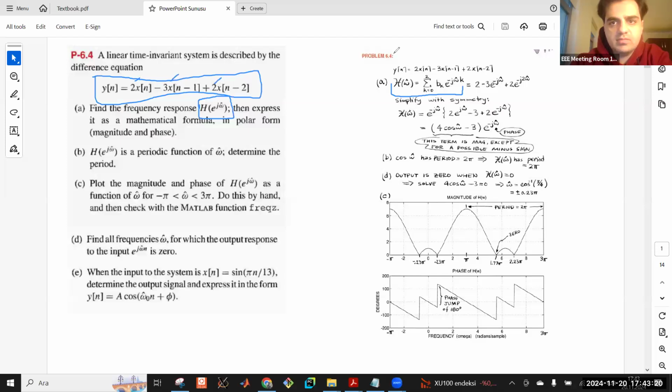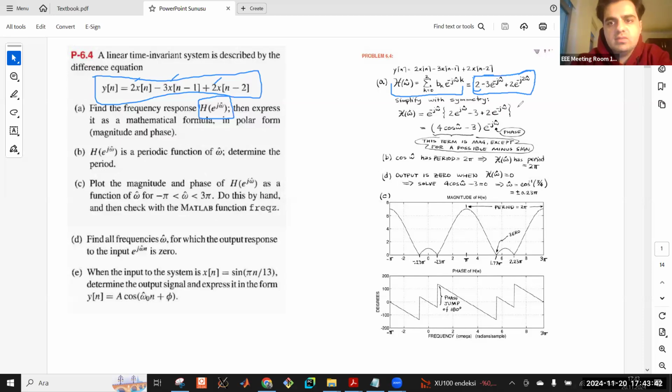These are our filter coefficients. Coefficients are the same and the delay terms become the exponent terms in the frequency response. Therefore, the frequency response of this system will be this result.